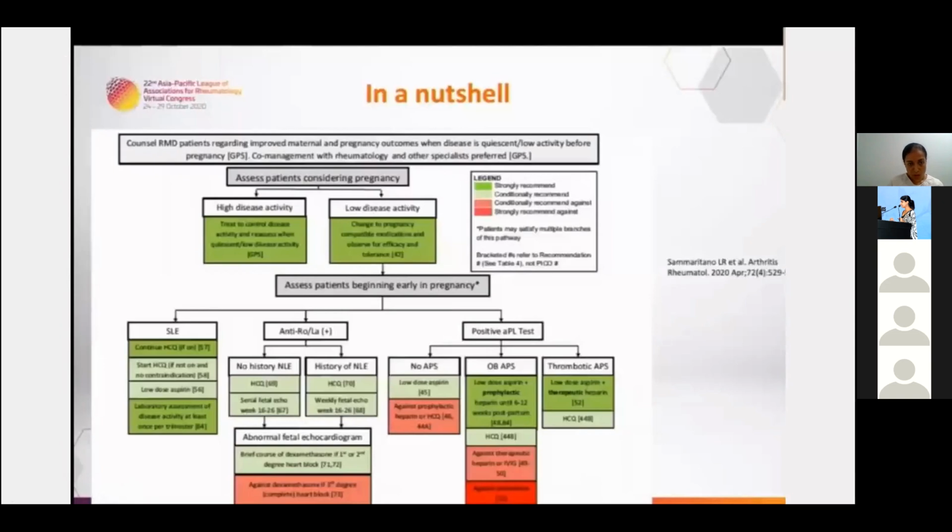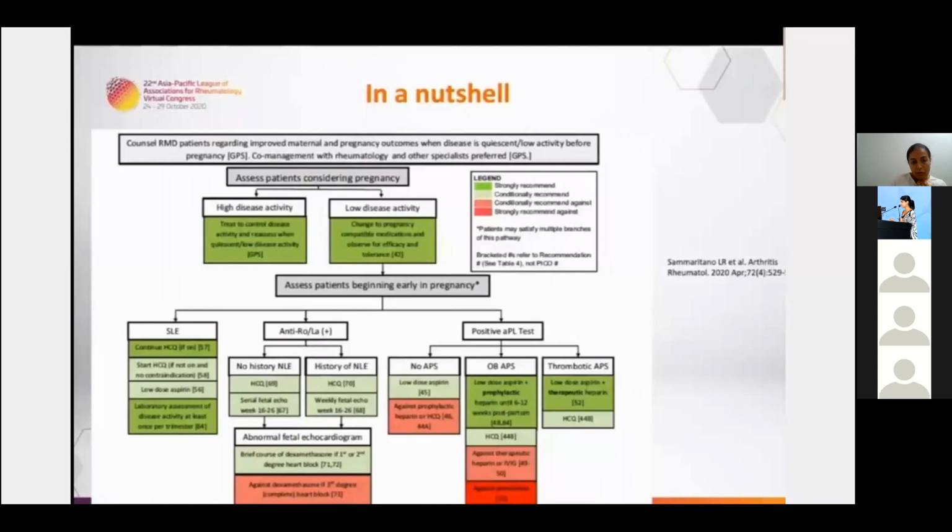This is what we have discussed so far, most of the things we talked about. So if we get a patient with SLE who's planning pregnancy, we have to first assess the patient, and if there's high disease activity, we have to control the disease first and convert the drugs to the safest possible drugs that can be used in pregnancy.